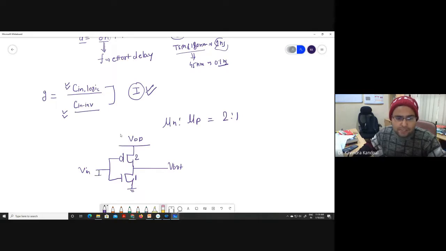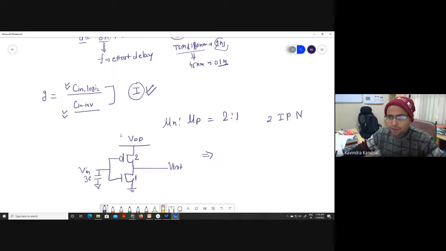And I told you from the RC delay model, you understand that the net capacitance appearing here is basically 3 times C for this inverter. And if you want to find out the logical effort of, let's say, a 2-input NOR gate, first you make the topology of the 2-input NOR gate, which is very easy to understand.